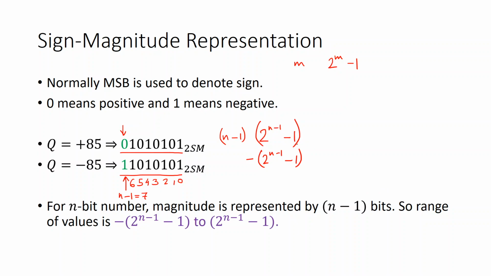The same value will also have a corresponding negative value, which will also have a number here, just by replacing the MSB with 1 instead of 0. So your range is minus (2^(n-1) minus 1) to 2^(n-1) minus 1, that is your range.